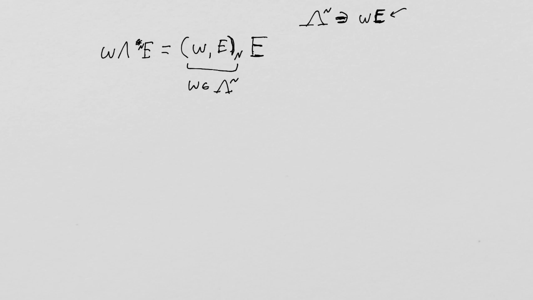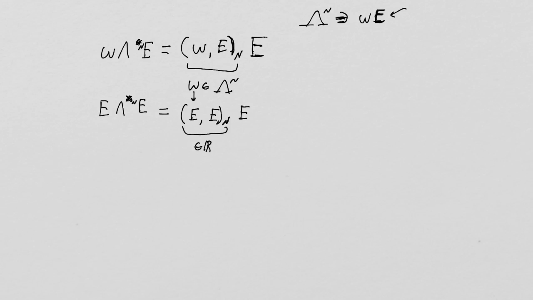Once we do that, we can choose one. Let's choose E. I want this to come out simple, so I'm going to put in omega equals E. Remember, this guy here is going to be a real number. And then over here I get E wedge the Hodge dual of E. So what are we dealing with now?